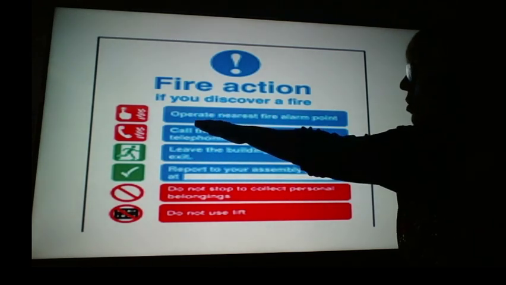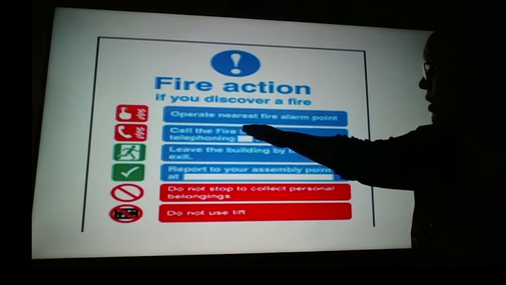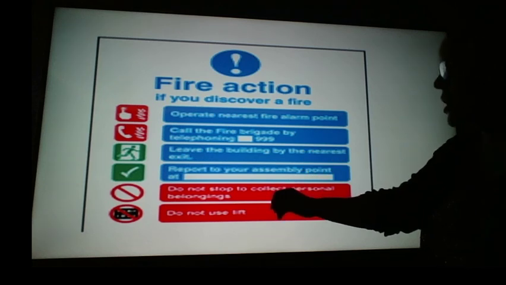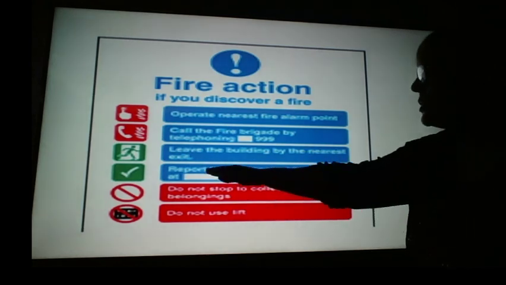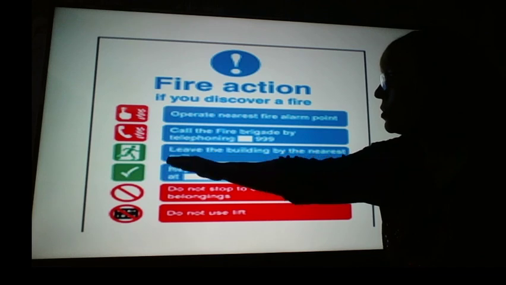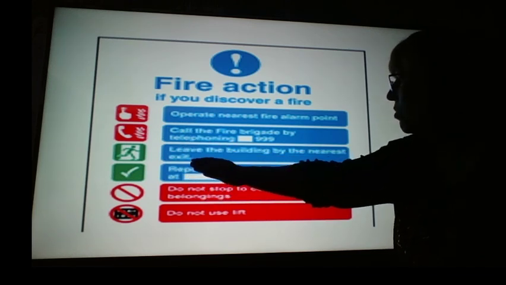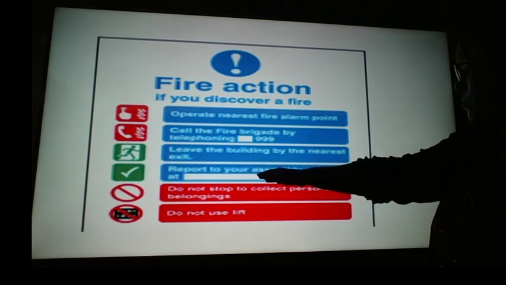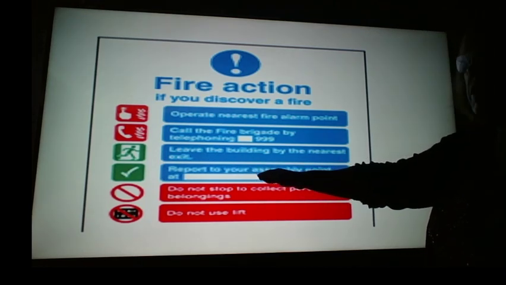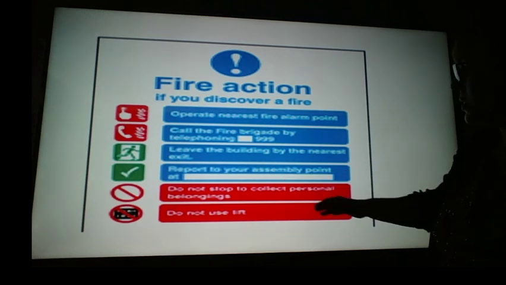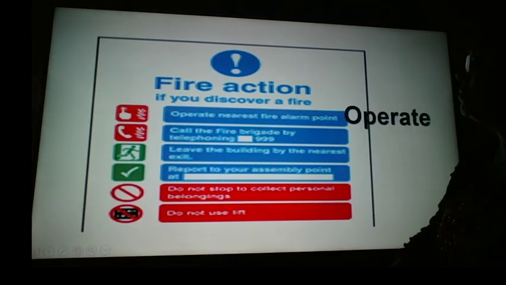If you're thinking, who do I call? You can quickly see the telephone symbol and you know what it tells you to do. If you're thinking, what shouldn't I do? You look at this symbol that's a red circle with a red diagonal line through it, and that's telling you what to not do. You mustn't stop and pick up your belongings if you're in a fire.